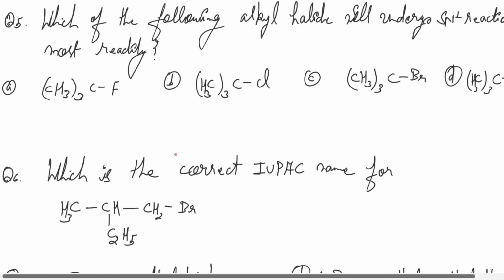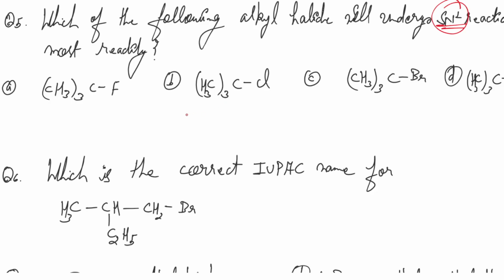Now the next question: which of the following alkyl halides will undergo SN1 reaction? Always remember SN1 will go with the tertiary halides. SN1 nucleophilic substitution reaction always favors tertiary, then secondary, then primary, right?